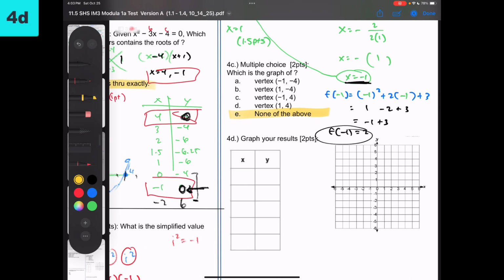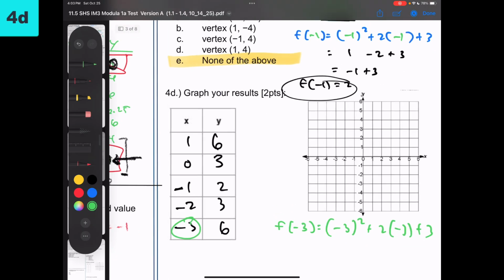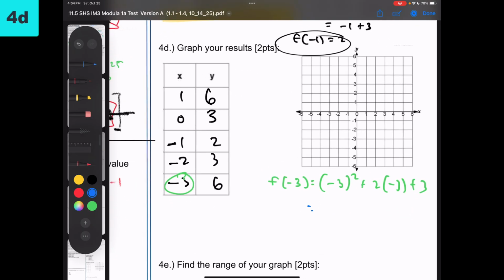Okay, so if negative 1, negative 2 is going in the middle, so I'm going to go down and above, and those numbers would have been 6, 3, 2, 3, 6. Remember, you're just taking that number, putting it into that equation. So 9 minus 6 plus 3, then 3 plus 3 would give you 6. That's how I got that one.